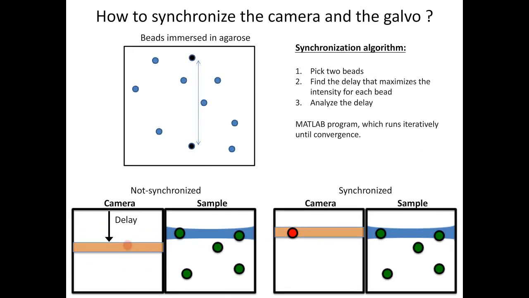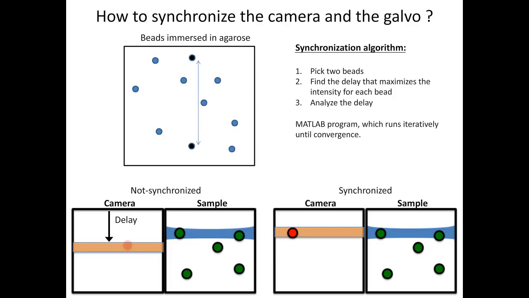The way that I do it in MATLAB, I have a synchronization algorithm. It runs iteratively until it has converged. You can use any sample. Beads are also fine. You pick 2 beads, as you can see here. This is one bead, and this is the second bead. You change the values of the delay for each individual bead, and you want to get the best signals that you can.